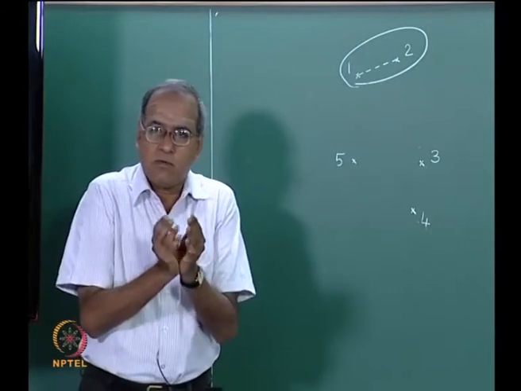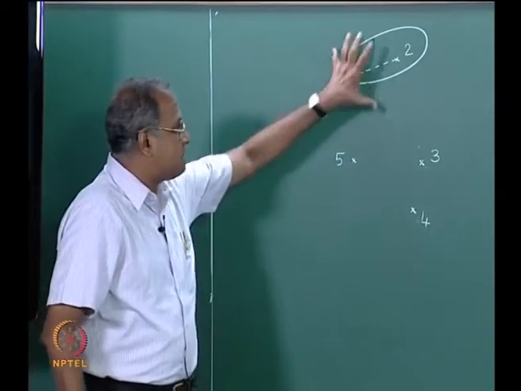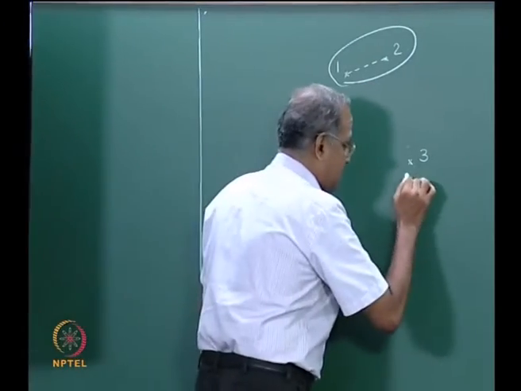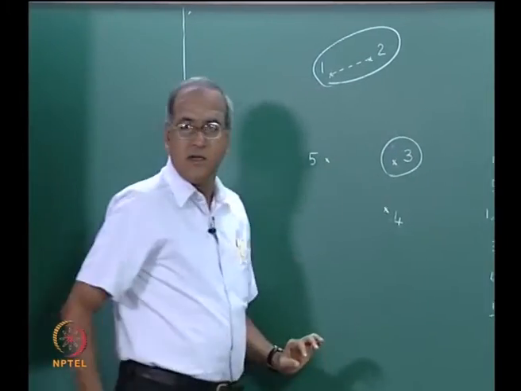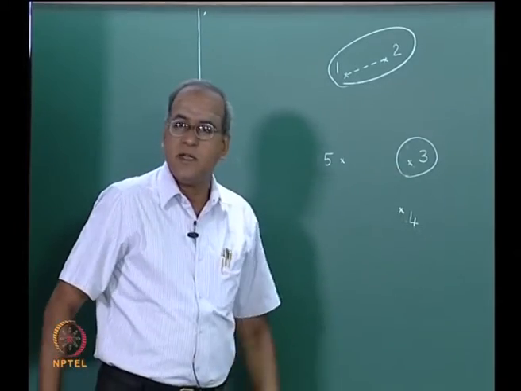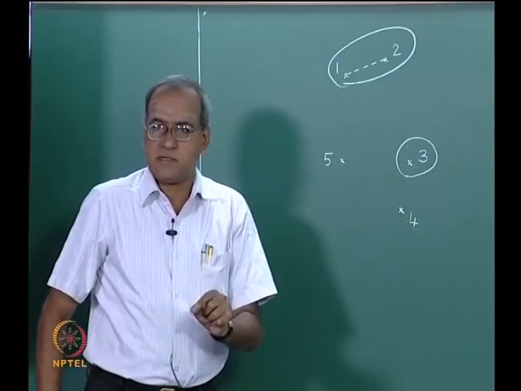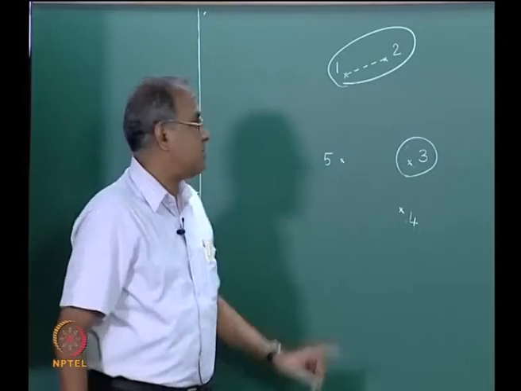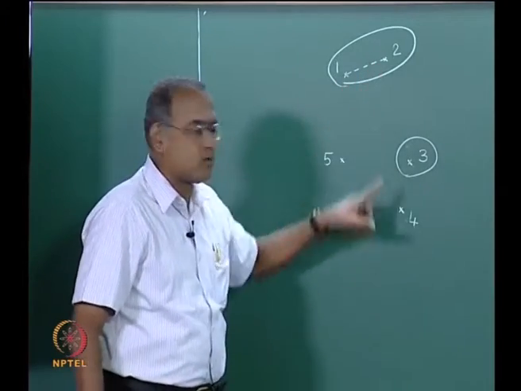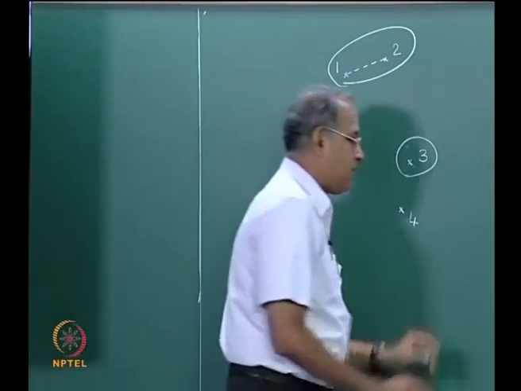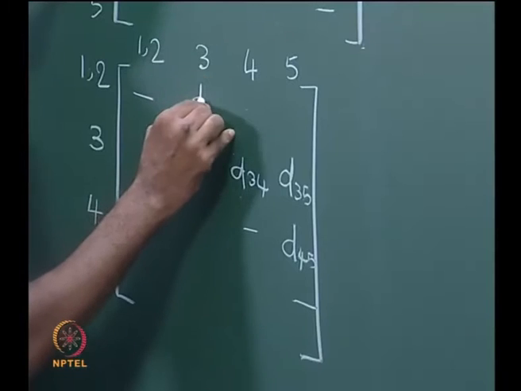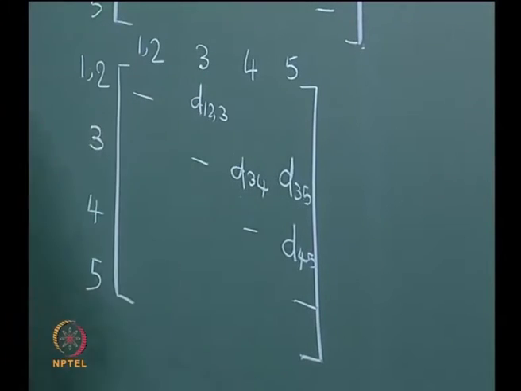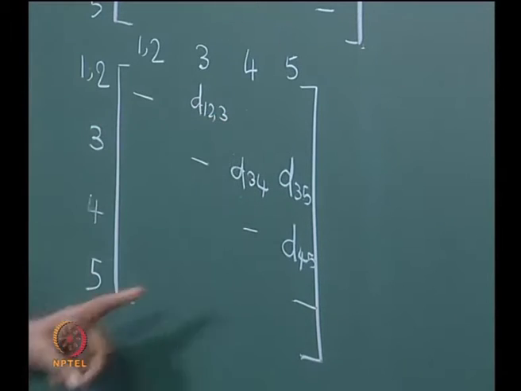So, we will now make an assumption that the distance between this group and this other group, represented by this point, is the minimum distance amongst the points. So, it is minimum of D13, D23, and that way we can complete this value. So, D12,3. Similarly, we can write 1, 2, 4, 5 and so on.